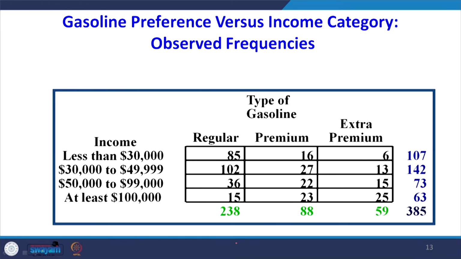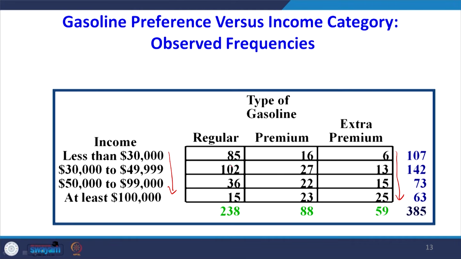Of those having income less than $30,000, only 16 people have gone for the premium type. You see that when the level of income is increasing, the number of people going for extra premium is also increasing. It seems there is a dependency between their level of income and the type of gasoline they chose.